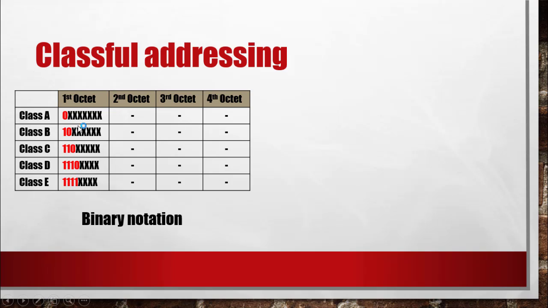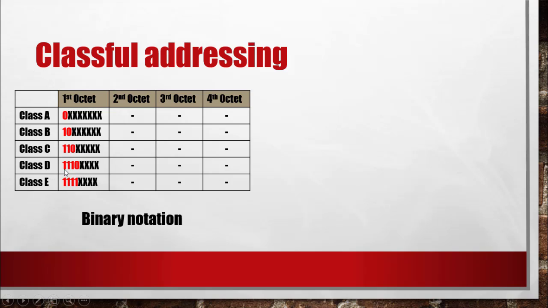So the first octet is what we consider when identifying the class. For class B, if the first values are 1, 0, it belongs to class B. For class C, 1, 1, 0 should be the first 3 values.